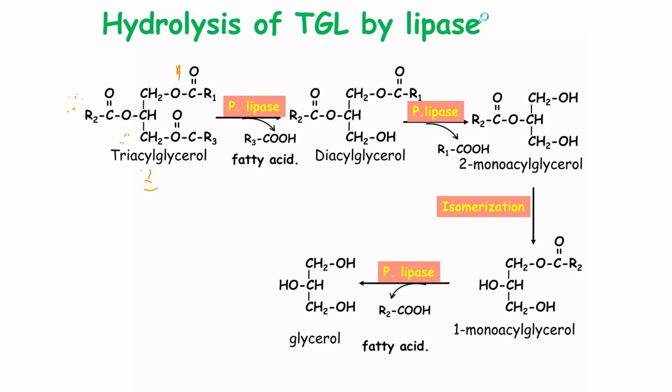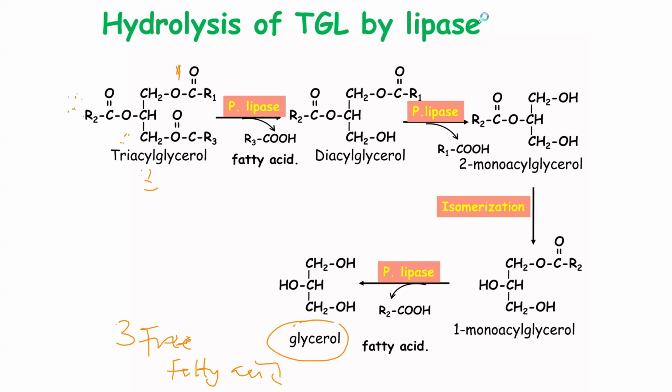Then the pancreatic lipase will remove the fatty acid at carbon 1. Lastly, at the end of the digestion by pancreatic lipase, we end up with 1 free glycerol and 3 free fatty acids.